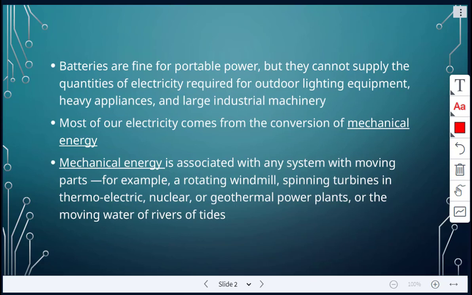Like a rotating windmill, the spinning turbines. We saw previously the spinning turbines in thermoelectric, nuclear or geothermal power plants. Even the hydroelectric power plants with the moving water of rivers or tides. So they're all associated with mechanical energy.